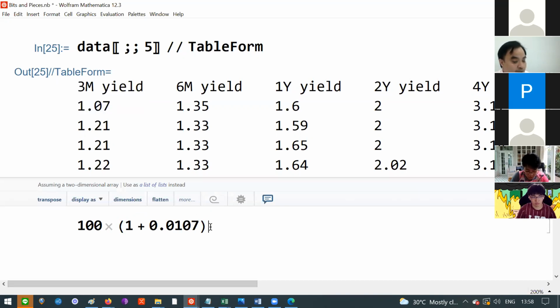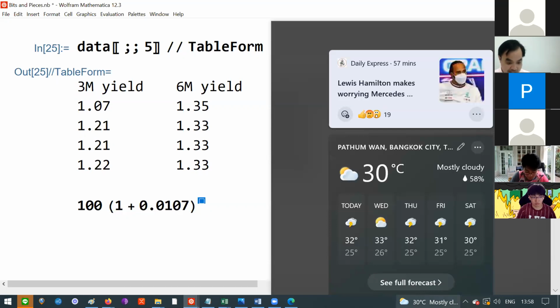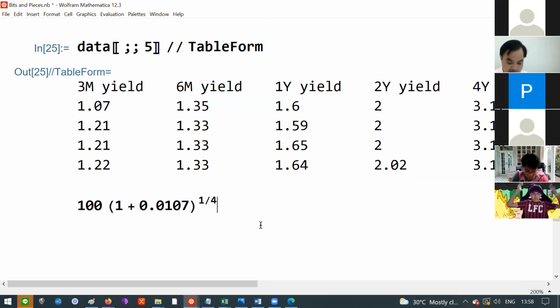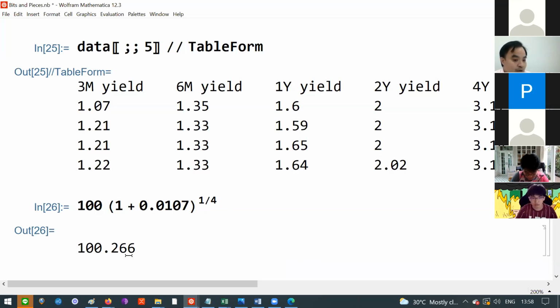But 3 months is only what? It's only 1/4 of the year. So actually, it's 1/4. This is how much money you would get if you invest 100 baht for 3 months.